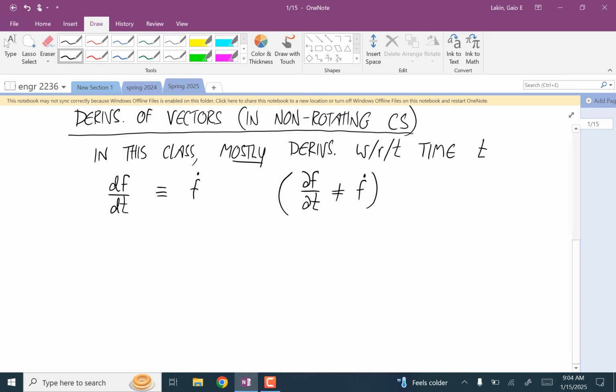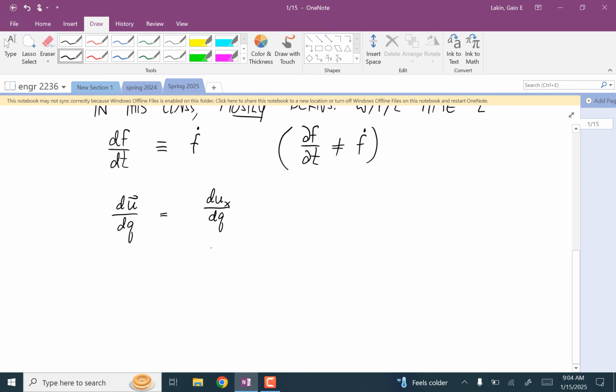Okay, so if you have a vector u and you're taking the derivative of u with respect to some variable, let's call it q, just some random variable, this is equal to du x, the x component of u with respect to q. That's the x component of the output vector. The derivative of the y component with respect to q, and the derivative of the z component with respect to q.